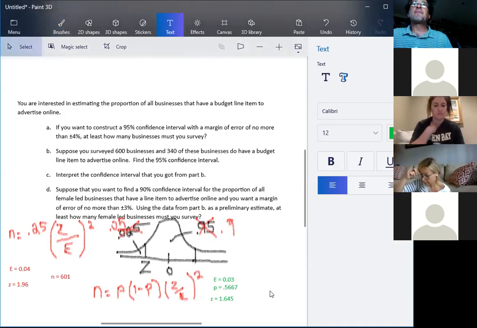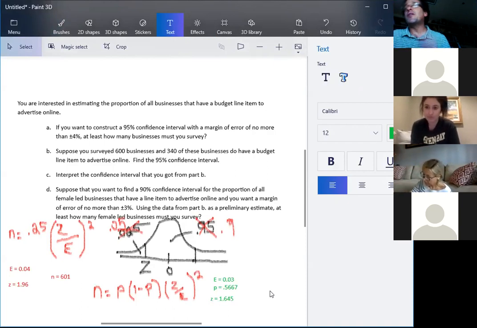Did you get it? You'll get negative, but the negative doesn't matter because we're squaring it. Did you all get 1.645? Okay. So now we just plug in.